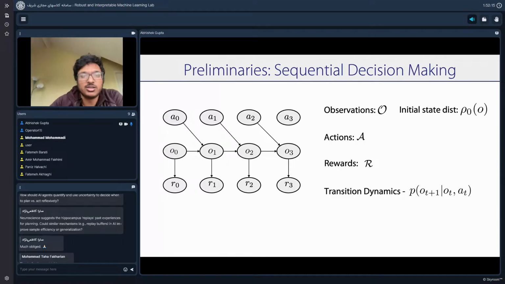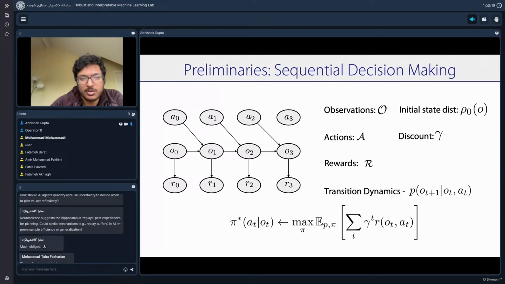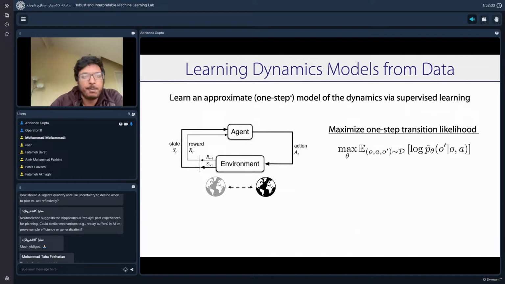And you'll have some initial states, let's call them rho naught, and some discount. The goal here is, in some ways, to maximize the expected sum of rewards. We'll talk specifically about the unsupervised setting, but let's first think more generally about world modeling, and then we'll specialize to unsupervised.